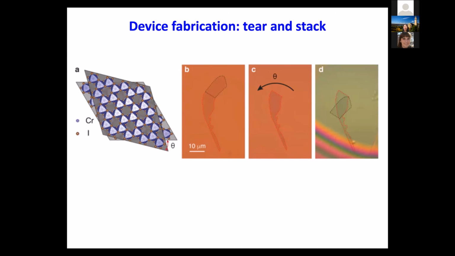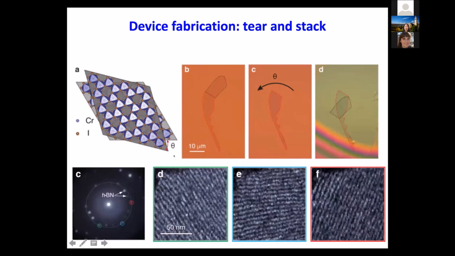And then you can rotate the remaining part by a very well-controlled angle. We can control the angle within half a degree. And then you put the other layer on top, and then you get this twisted layer. And we can see that indeed this is what we get. So this is the diffraction pattern from the TEM study of this material.